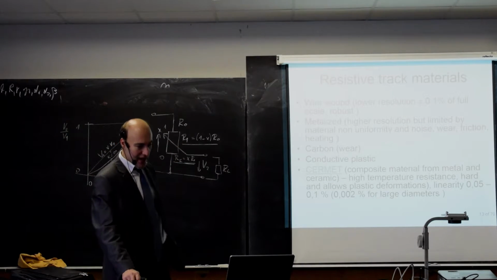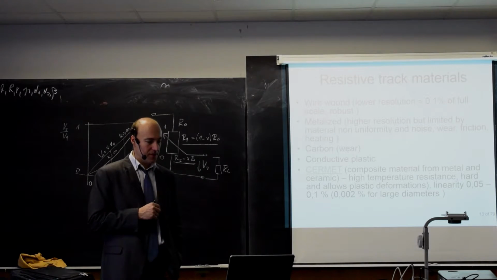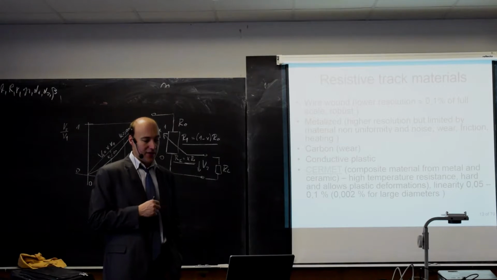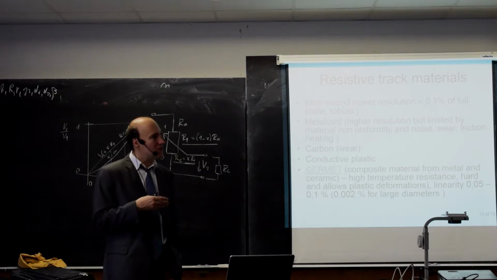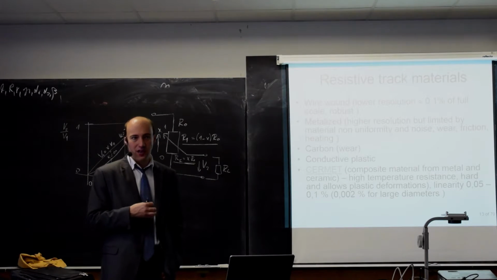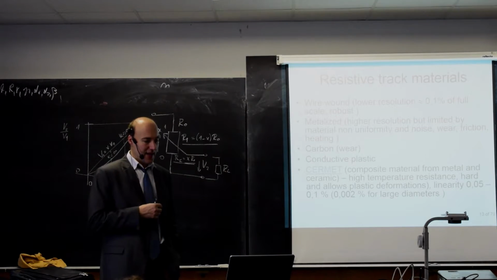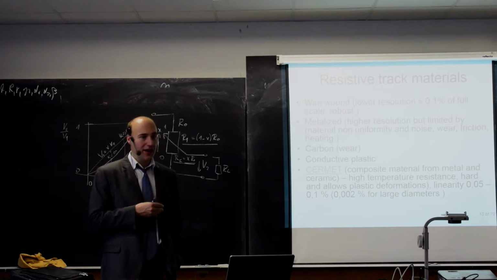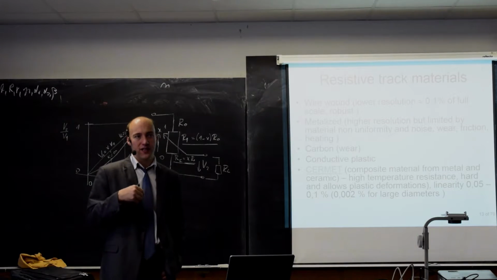This has a higher resolution than the wire wound sensors, but it's limited by, let's say, the durability of the material itself. So metallized sensors are prone to damage from vibrations, and they can be damaged by motion that is happening at one position.